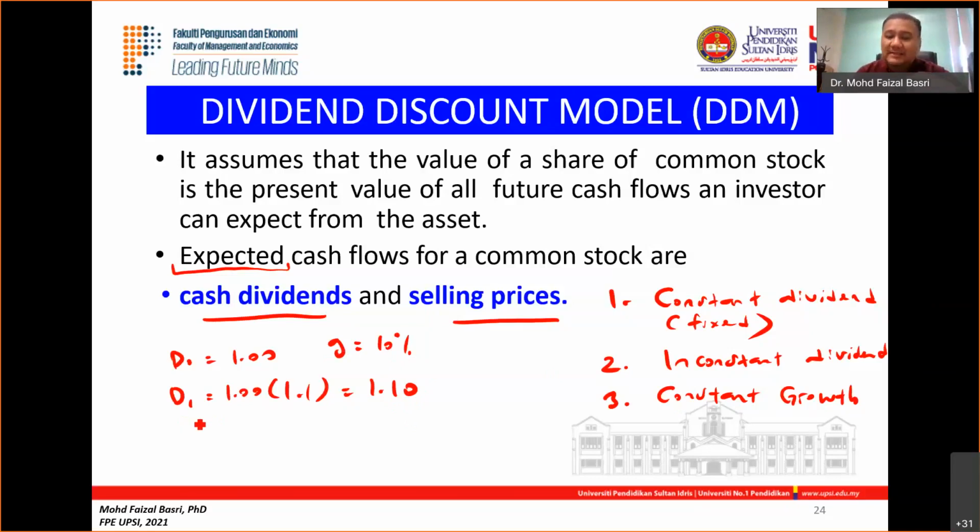So if we want to estimate the second year dividend, D2, this 1.10 from the first year will increase another 10%, which will be 1.21, for example. So they can keep on increasing with a constant growth. This 10% will remain constant every year. And the fourth model is inconstant growth.